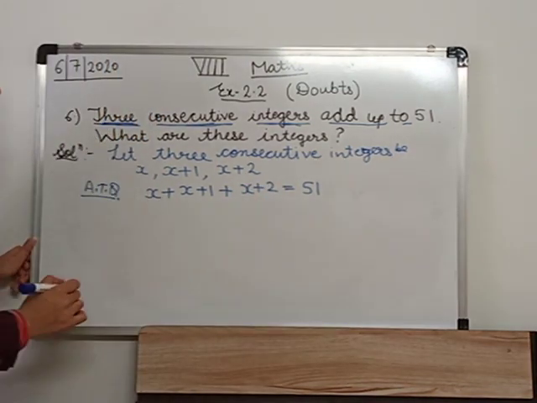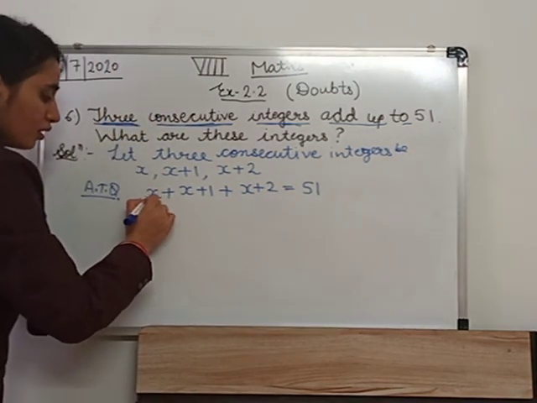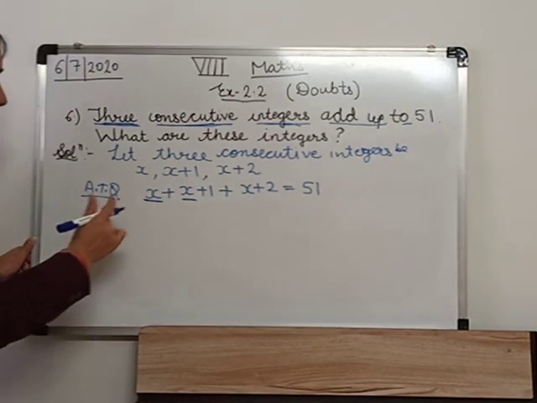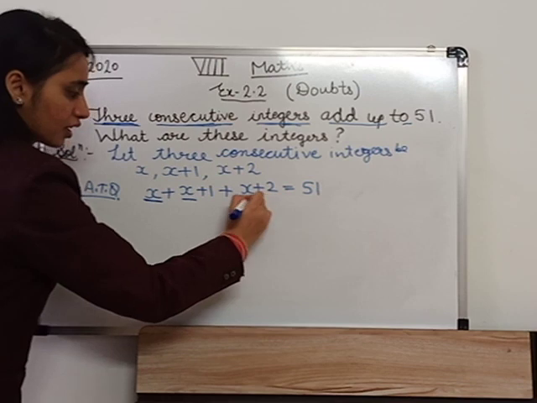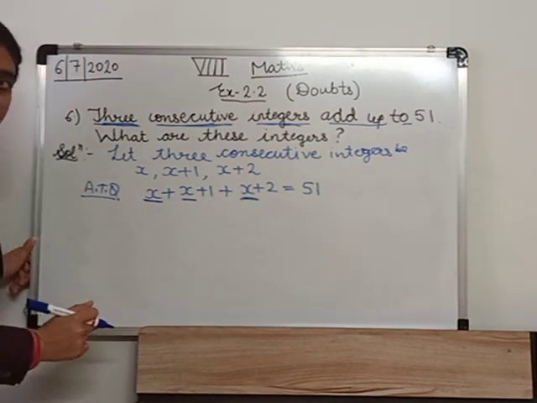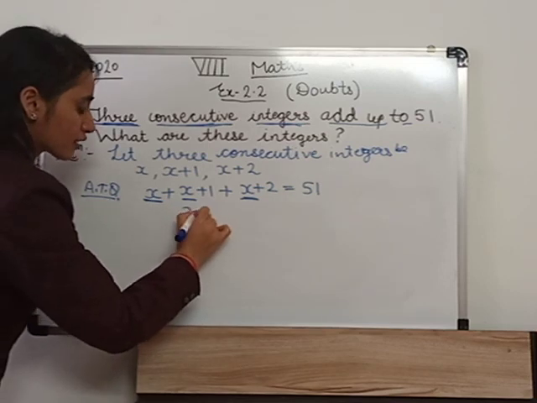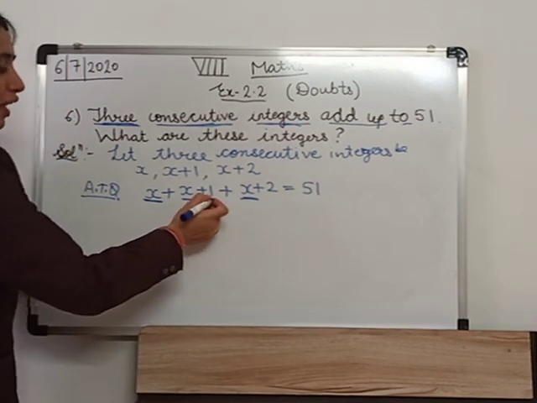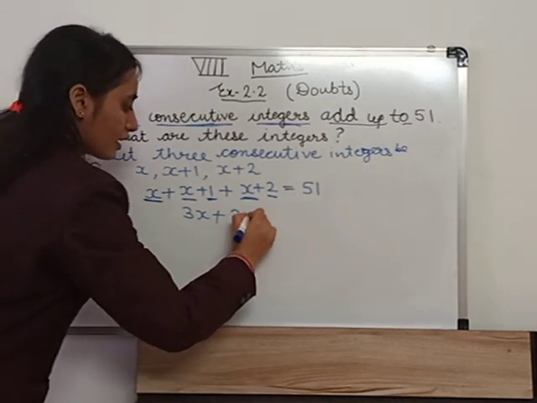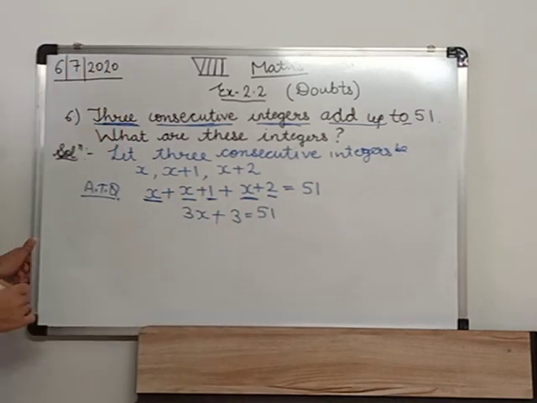Now solve this equation. Solve the same variable terms first. Here 1x plus 1x plus 1x is equal to 3x, plus now add these constant terms, 1 plus 2 is 3, equals 51.